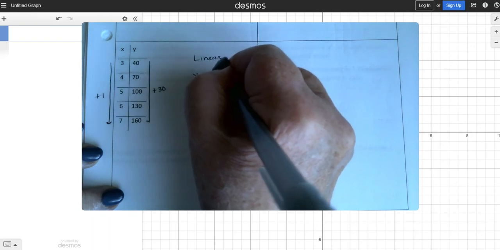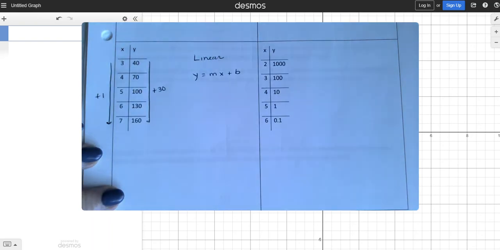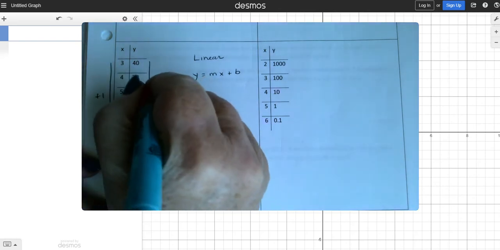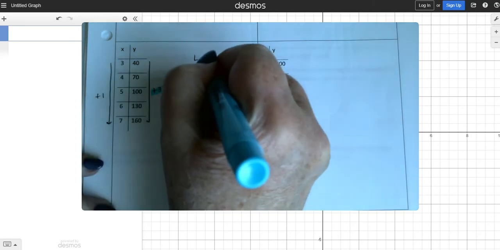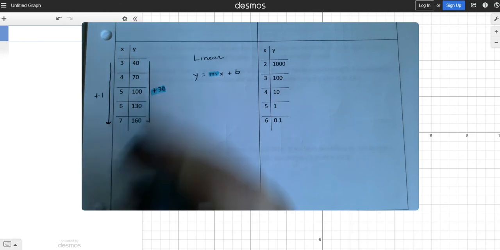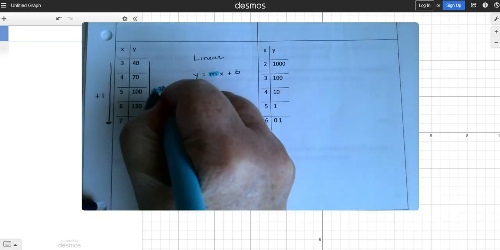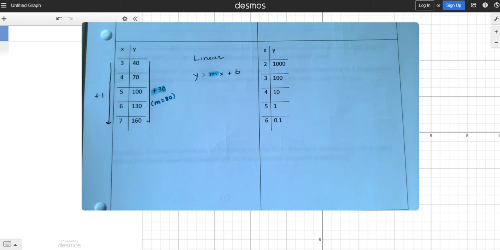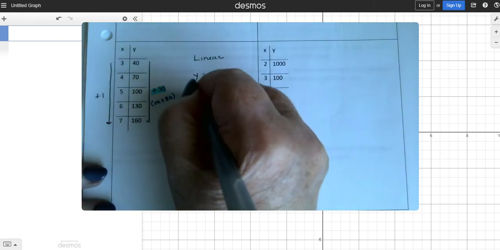Y equals mx plus b. And we're adding 30 each time. So that's my slope. All right, so I now know y is 30x plus b.